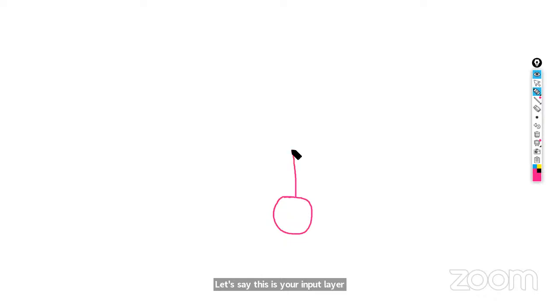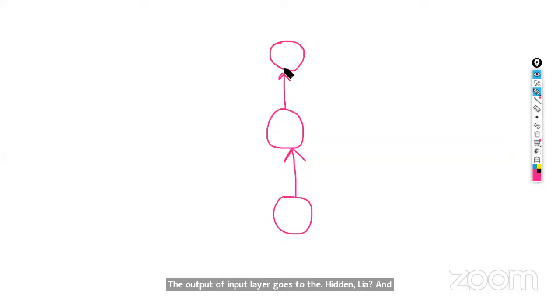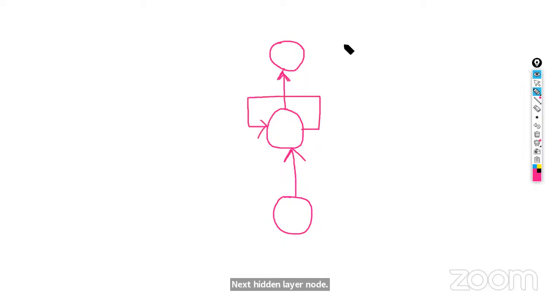The output of the input layer goes to the hidden layer, and the output of the hidden layer goes to the output layer. And then since it is recurrent, whatever output the hidden layer generates goes to the next hidden layer node, right? So it's a graphical representation of the RNN network.